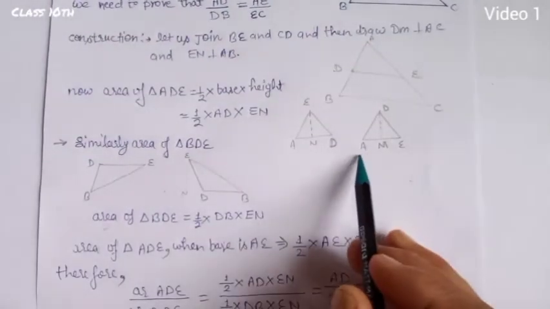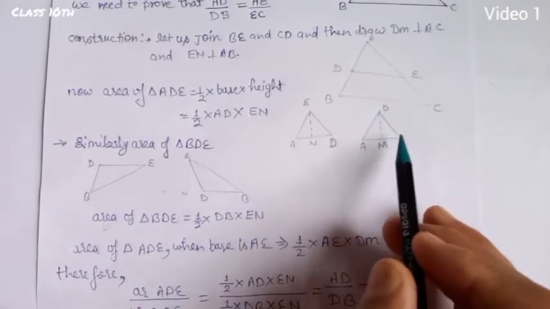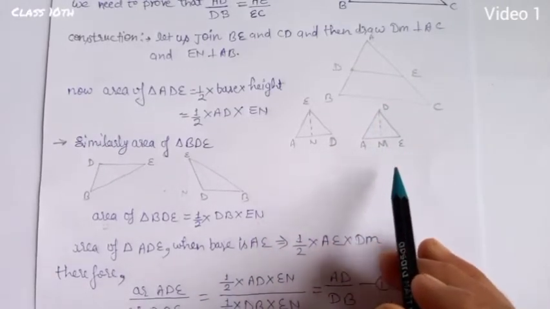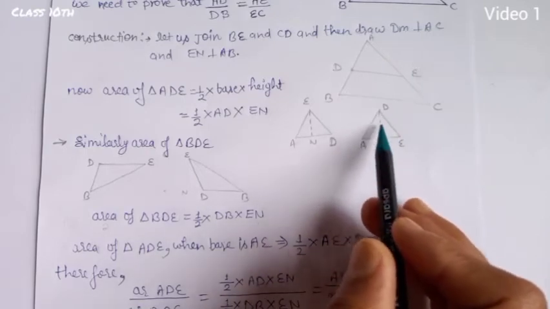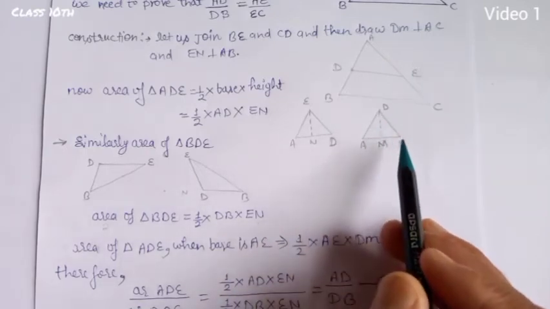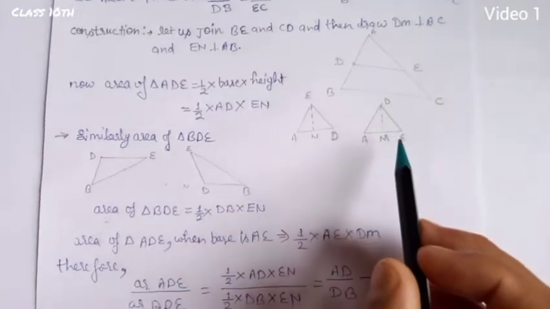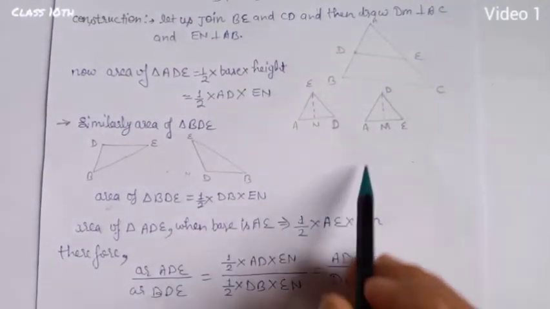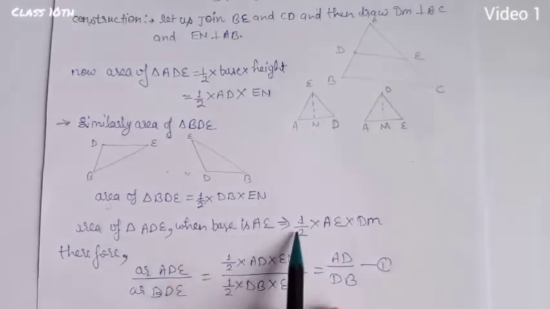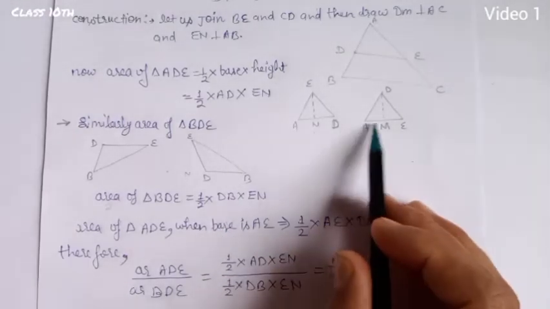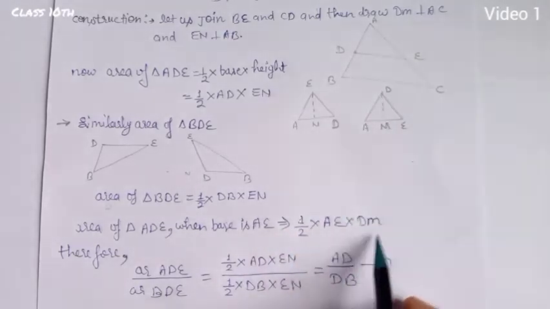I have drawn the same figure here, rotated anti-clockwise again, to make it easy to understand. So the area of triangle ADE is half into base AE into height DM.